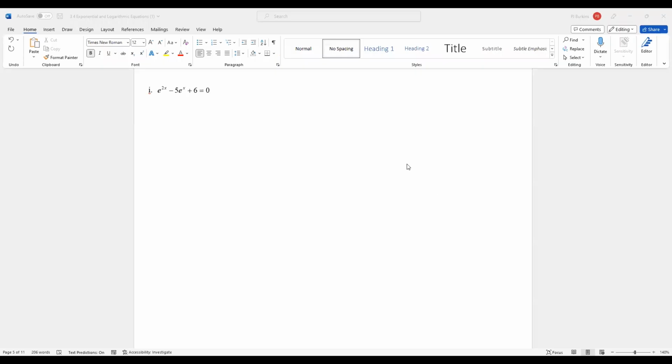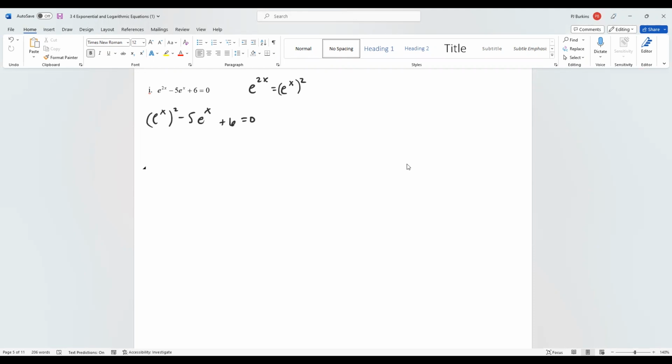All right, so this example here is actually going to require that we do some factoring. So you might recall that e to the 2x is the same thing as e to the x squared. So if I rewrite it that way, e to the x squared minus 5 e to the x plus 6.